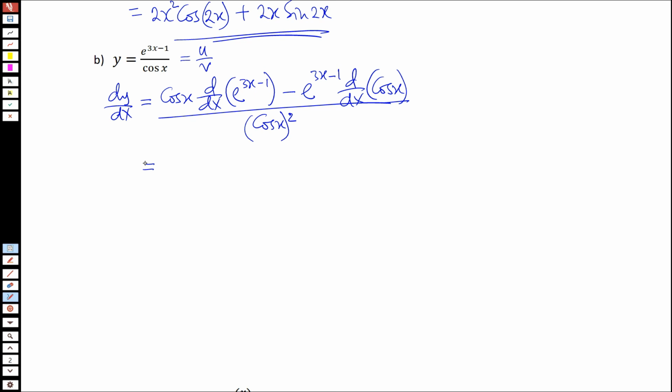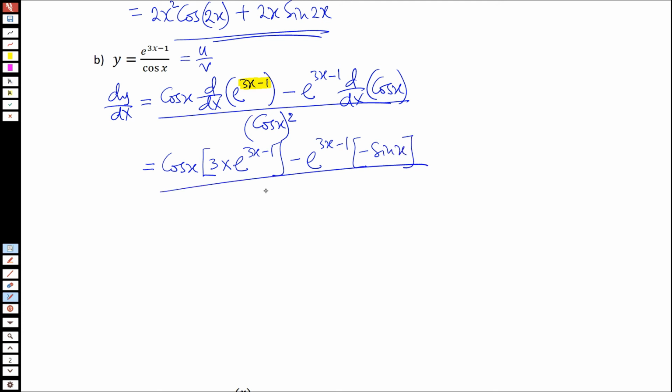Okay, and now here we have to find the derivative of e to the power 3x minus 1. Here we'll apply the chain rule because that's the power there. So inside, outside. So here we'll have cos x multiplied by the derivative of 3x minus 1, which is 3, multiplied by, of course, everything, which is just e to the power 3x minus 1, minus e to the power 3x minus 1 multiplied by the derivative of cosine, which is negative sine x, all this over cos squared x.